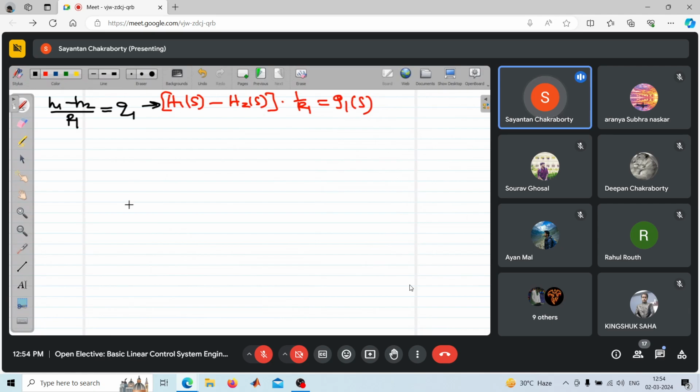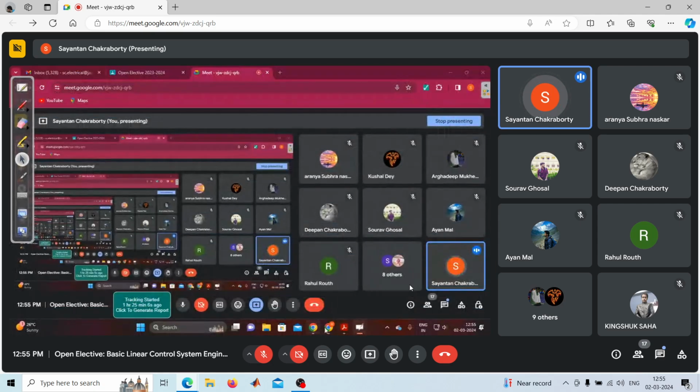If I represent this in terms of a block diagram, I'm omitting the H1 now. This is H2 multiplied by 1 by R1. Okay, let me use the block diagram that I already obtained here. I have a note ready, so I'll just share from there.